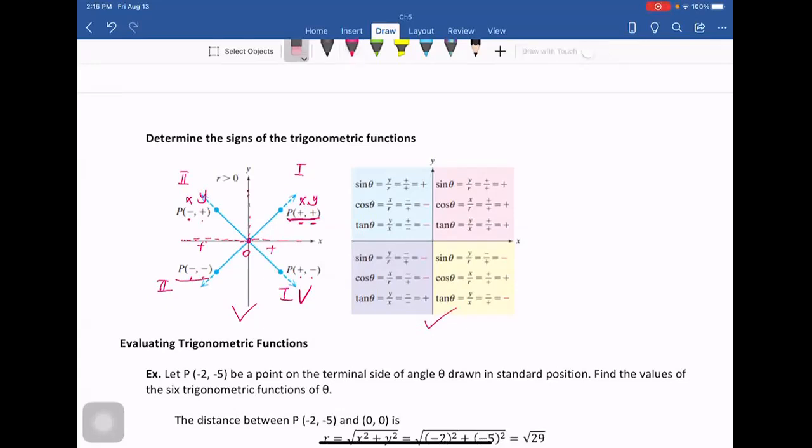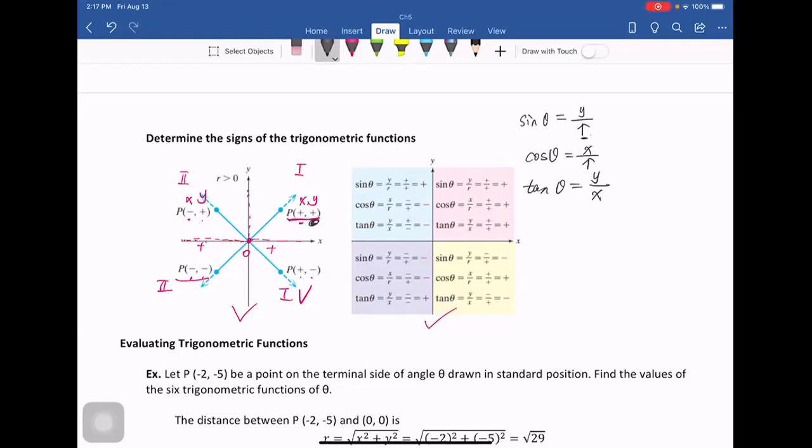We have learned that sine theta equals y over r, cosine theta equals x over r, and tangent theta equals y over x. In the first quadrant, y is positive, and r is a length, so it's always positive.